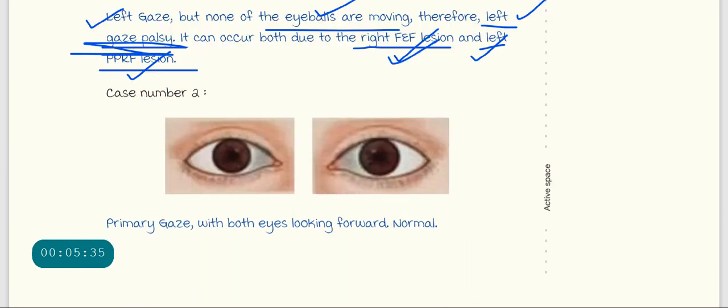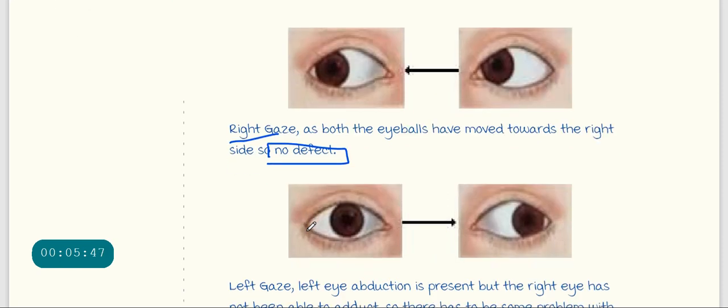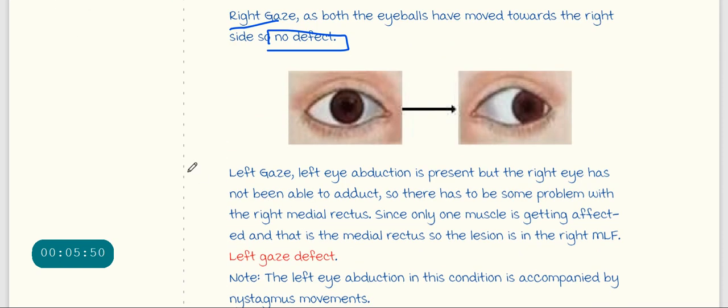Now in the second case, again a normal vision, then the right gaze, both the eyeballs are moving towards the right and there is no defect over here. Then comes the left gaze. In the left gaze you can clearly see over here the right eye is not able to adduct.